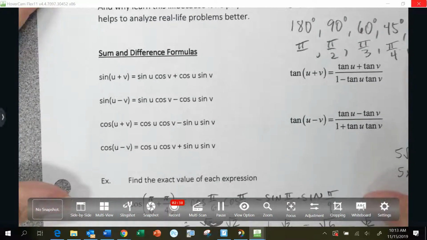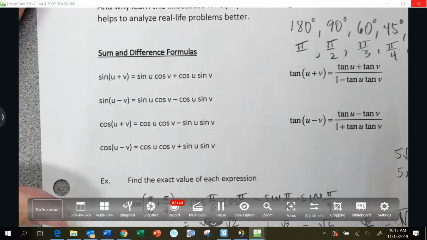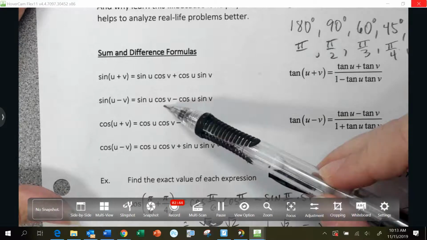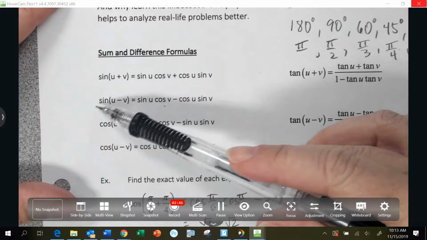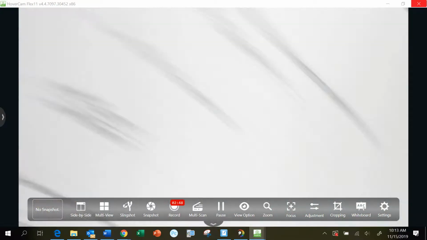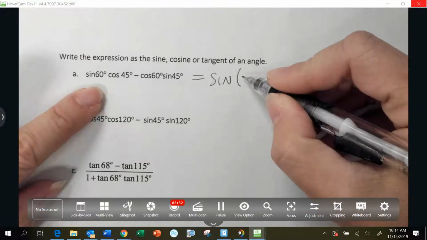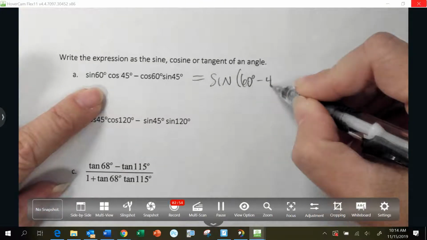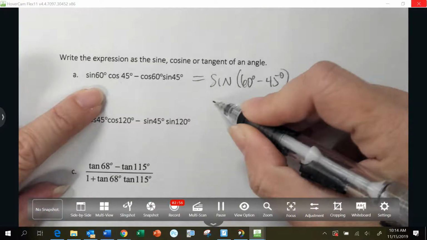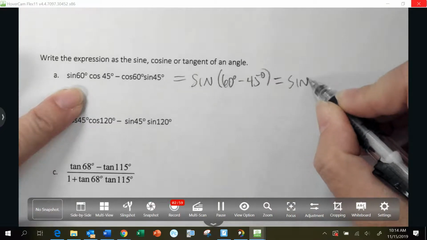We look over here for the one that is sine, cosine multiplied together, and has subtraction. So I'm going to rewrite it as sine of something, take away something else. So sine of 60 degrees minus 45 degrees, which is sine 15.